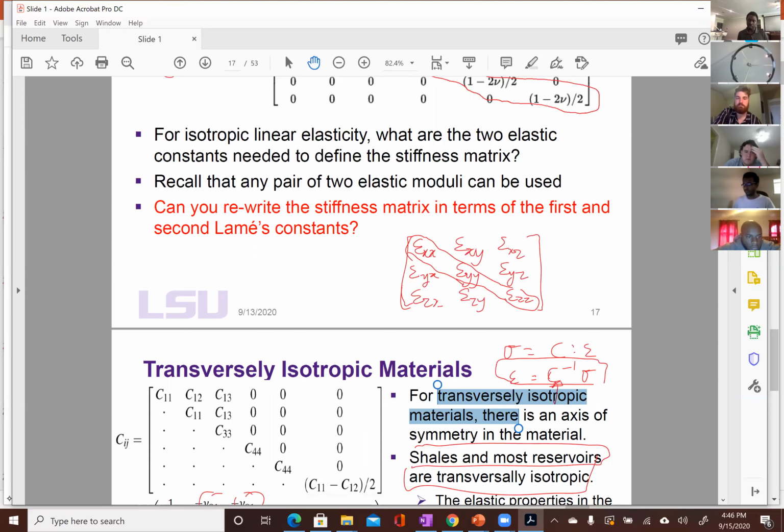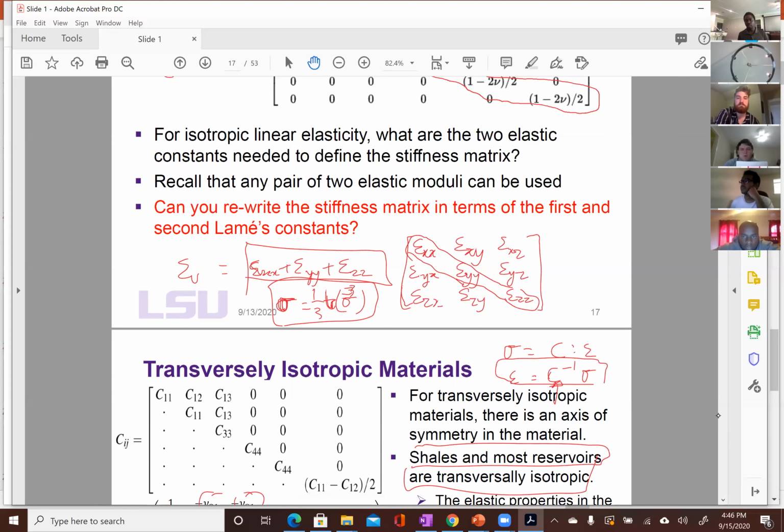So volumetric strain is just the sum of the normal strains, the ones that lie on the diagonal. Whereas we have mean stress. Mean stress is also the trace of the stress tensor or stress matrix, but divided by 3.